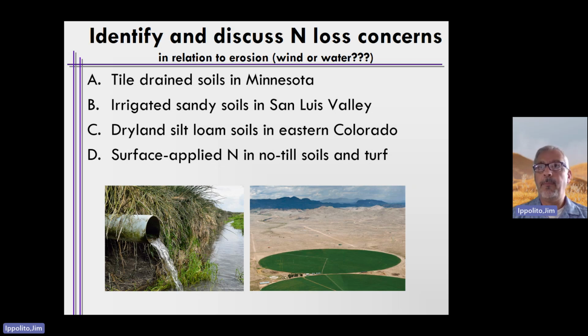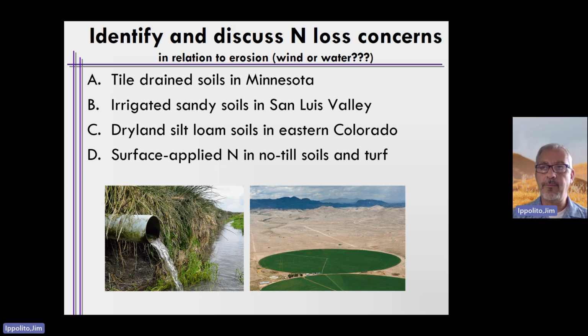So when we apply a nitrogen fertilizer to no-tilled soils, the soil is not tilled, if we're applying a solid fertilizer, the fertilizer is going to sit on the soil surface and thus increase the likelihood of volatilization losses, based on the type of fertilizer you use.